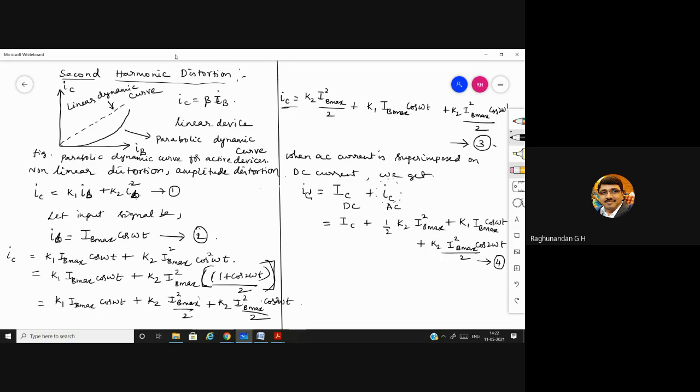Now to have this equation in a simplified manner, we declare some variables for some parts of the equation. Those variables: we are going to take B naught for half K2 I square B max. For this we take B2, and we have B1 is equal to K1 IB max.